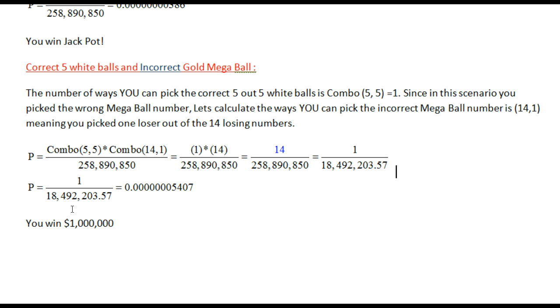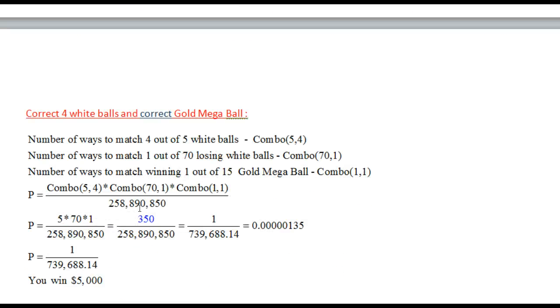And if you look on the Mega Ball site online, you'll see that they have listed 18,492,203. They don't include the 0.57 because it's useless in the great scheme of things, you know. Okay.